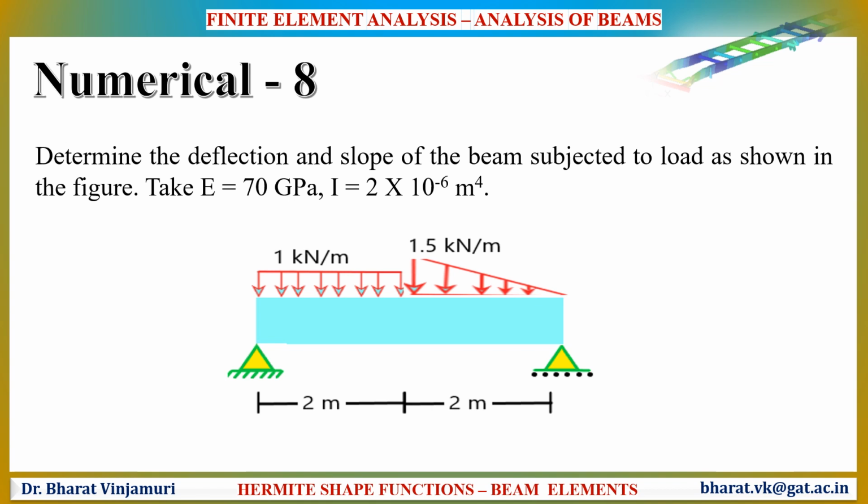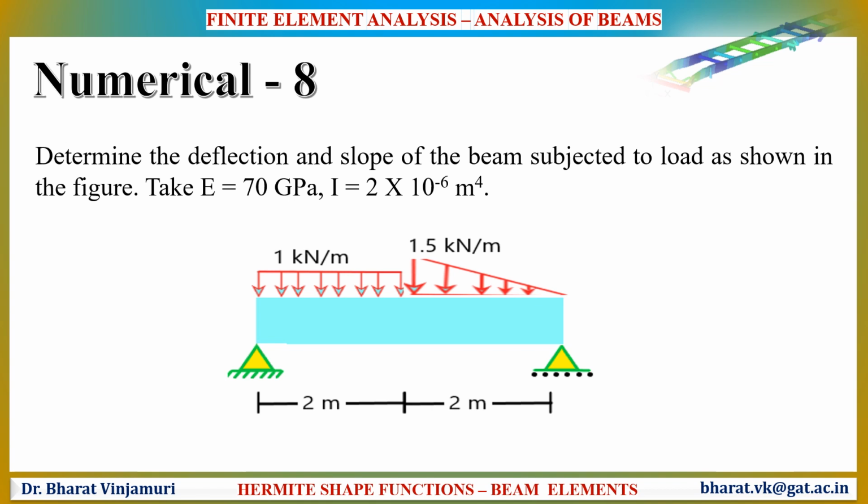Let us discuss another example of finding deflection and slope of the beam subjected to the following load conditions. In this example, the beam is subjected to both uniformly distributed load as well as uniformly varying load.